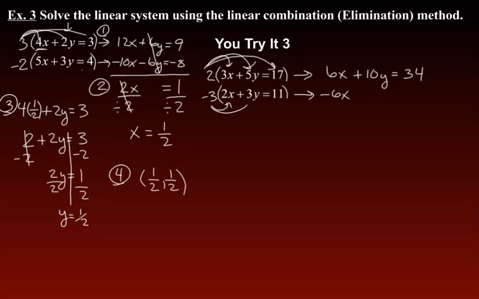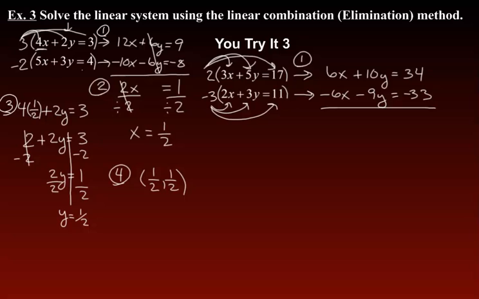I'm taking negative 3 times 3y, which is negative 9y. And I'm taking negative 3 times 11, which is negative 33. And again, that was step 1. We had to multiply both equations by numbers in order for the x's to cancel. Could have done the same thing with the y's.